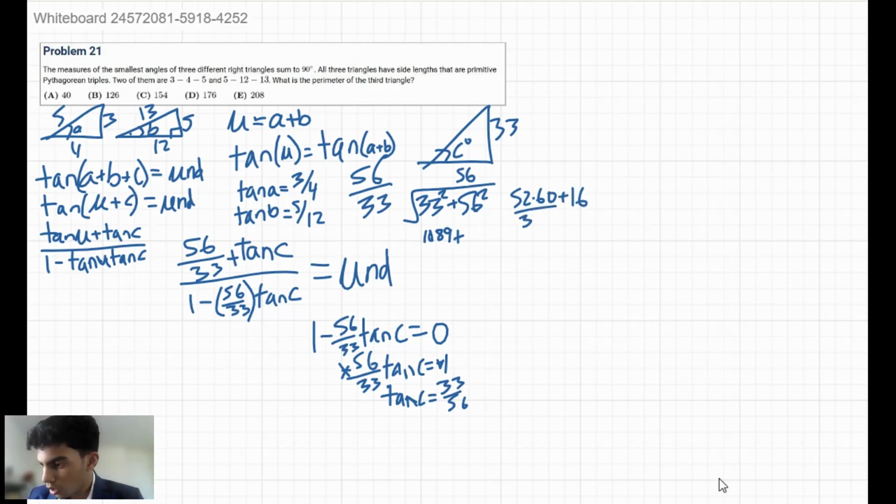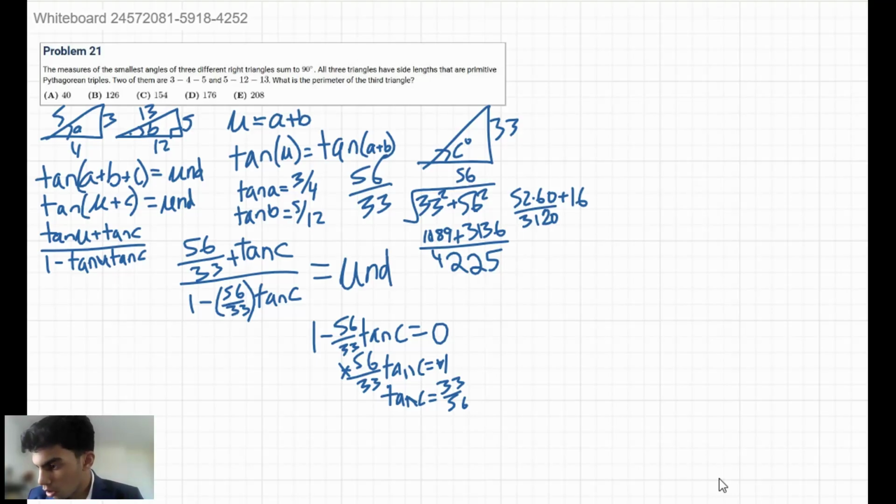This is just 3120, if I'm not mistaken, and then this would be 3136. Add these two together, and this would be 4,225. And we know that that's 65 squared, right? So 6 times 7 is 42, and 5 squared is 25.